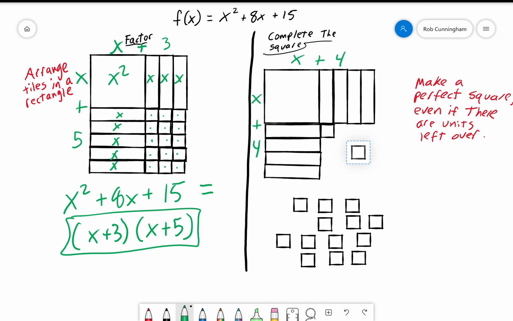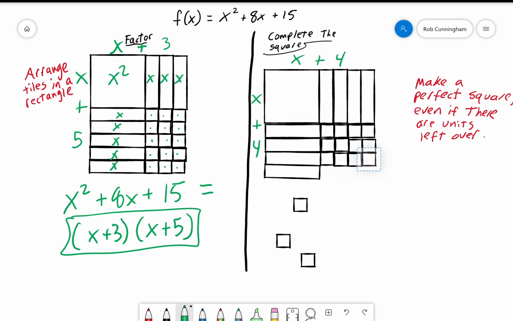So once again, we can use our unit tiles to fill in the rest. But oh no, we don't have enough blocks to make a full square. We only have 15, we need 16. Okay, so what we're essentially going to do is we're going to borrow a block.